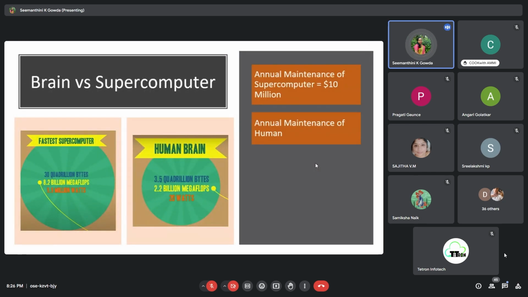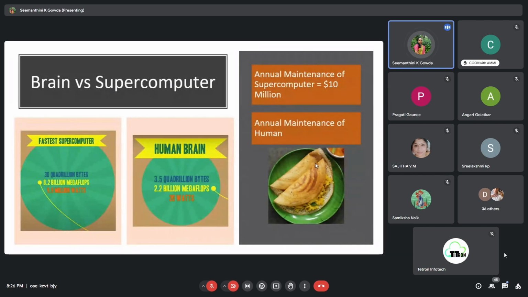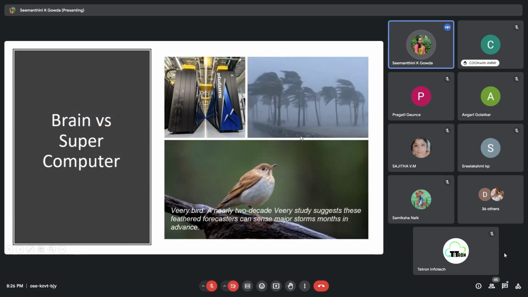And you can observe what the major difference is. The annual maintenance of the fastest supercomputers is quite huge compared to the maintenance of a human. You can also observe how supercomputers play a very important role.